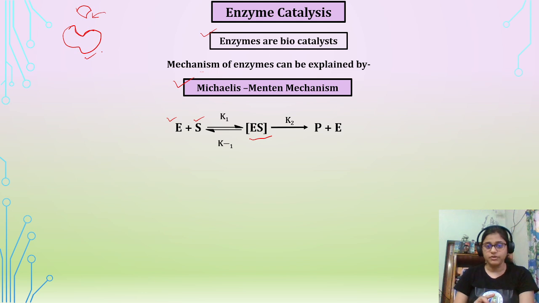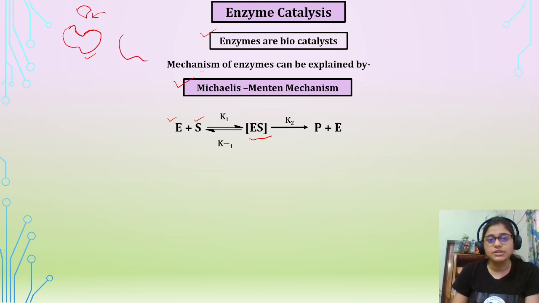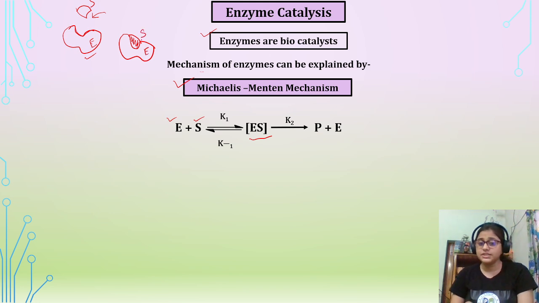These are substrate specific. So this is a reversible reaction, and by this reversible reaction the enzyme-substrate complex will form, like this. This is the substrate, this is the enzyme and substrate, and it is not very stable.